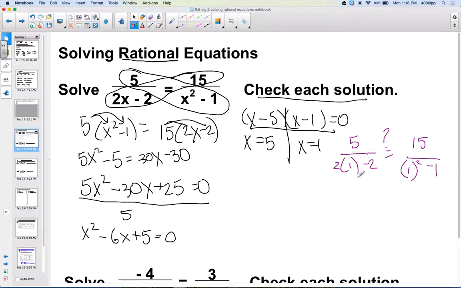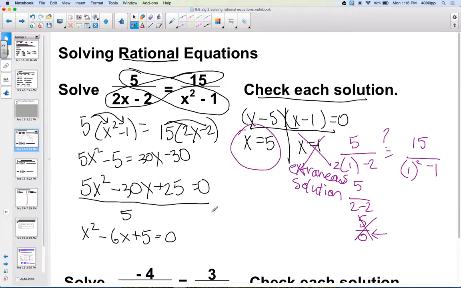If you look here, we can already see this is 5 over 2 minus 2, which is a 0, and you cannot have 0 in the denominator. So x equals 1 is an extraneous solution. This is not going to be a solution of our equation. Now we could check x equals 5, and when you check that by plugging in x equals 5, this one will work out. So x equals 5 is our only solution for this problem.